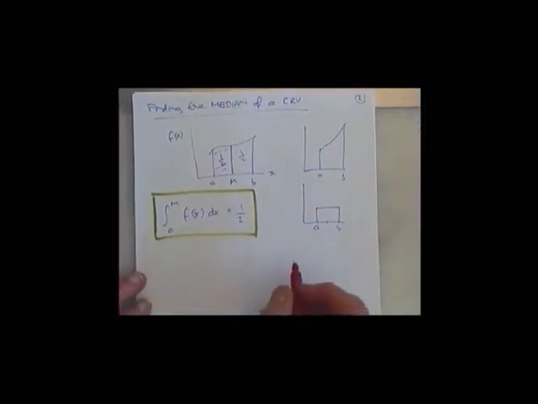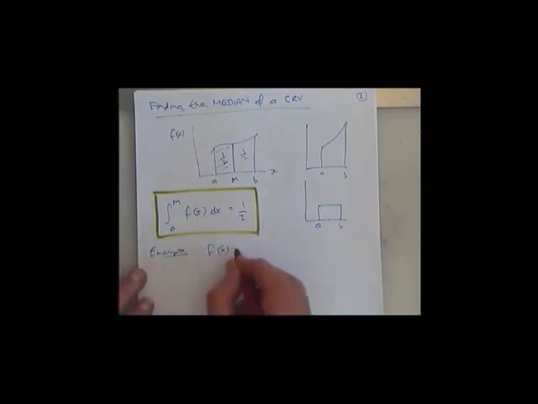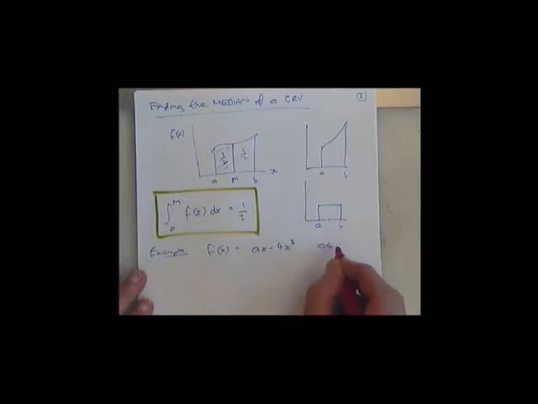Okay. So we're going to have a look at an example. We're going to use a different PDF, a different probability distribution function this time to what we were using before. It's going to be ax minus 4x cubed for x taking values between 0 and 1, and it's not going to exist anywhere else.